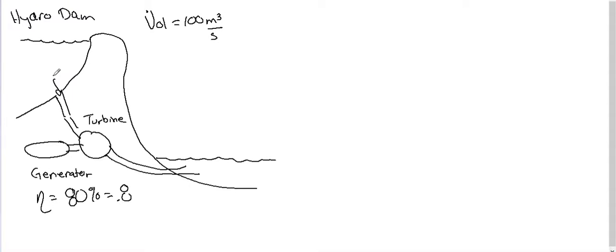So that's the flow rate that's entering before it goes through the turbine. Now these are pipes that are connected here, and of course pipes aren't perfect, so they have some friction in it, and it results in a head loss of 35 meters. So this is all information we're given in the question here.